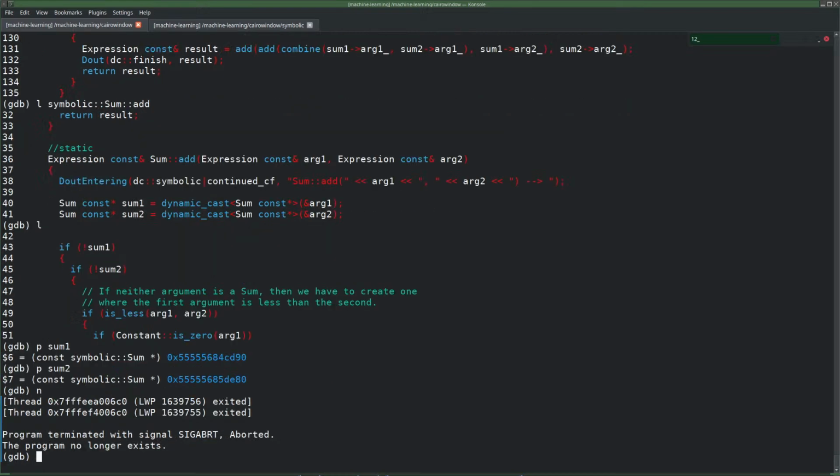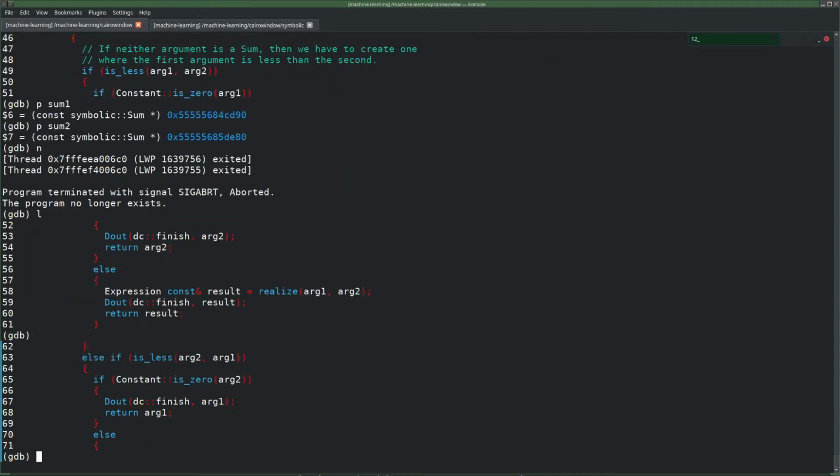I can still list. Is less. Yeah, choosing is less. What happens if you use is less on two functions? To be honest, I have no idea.